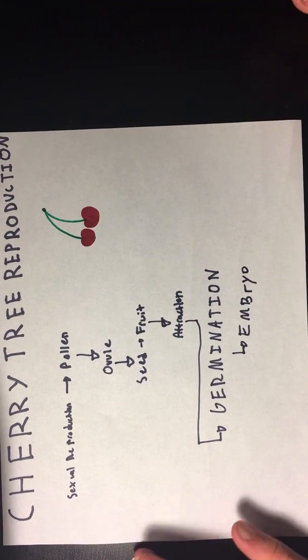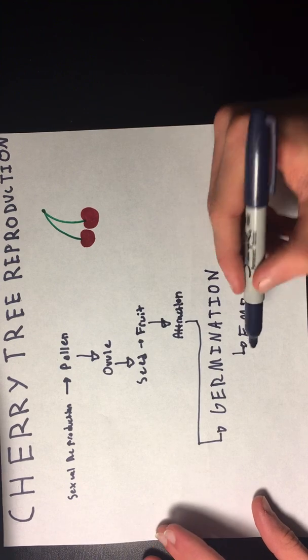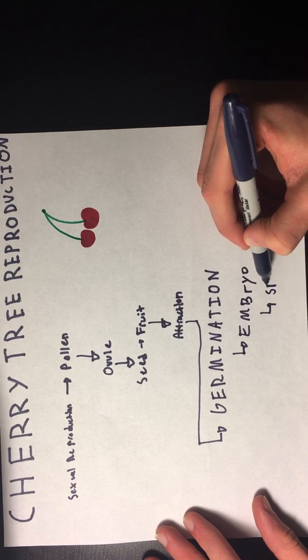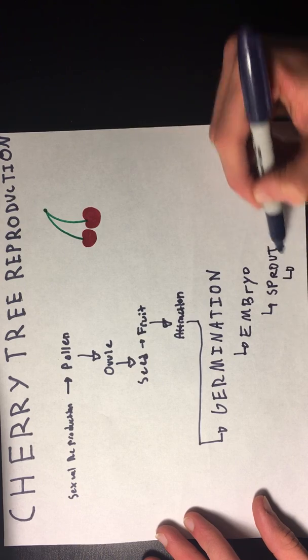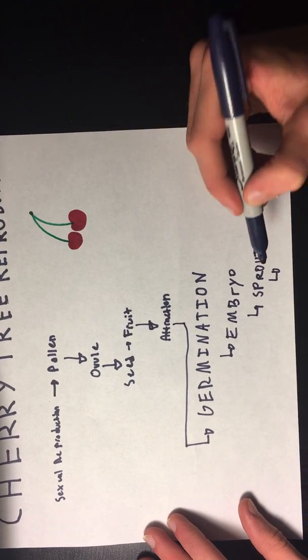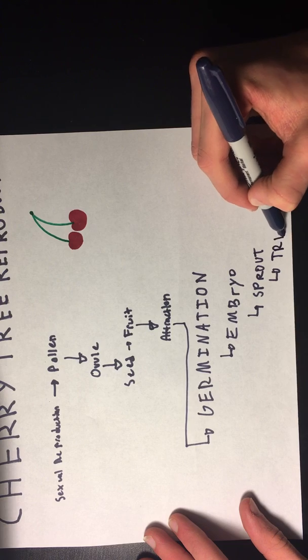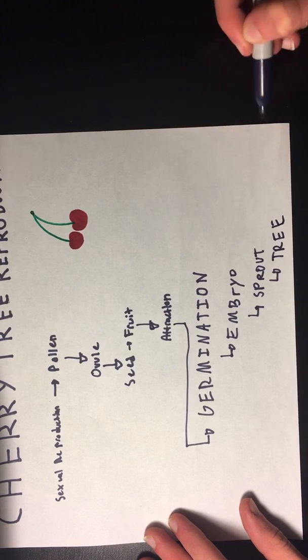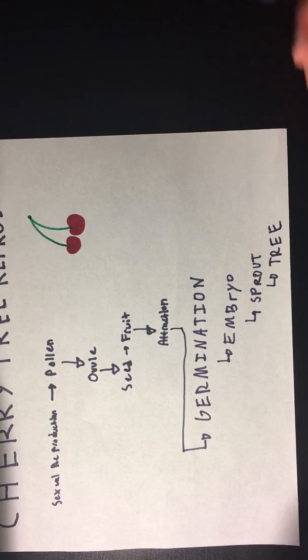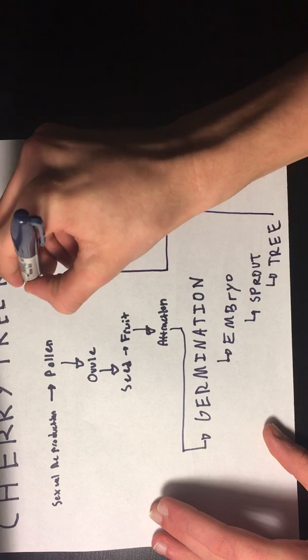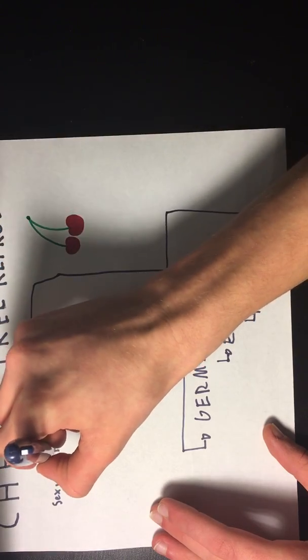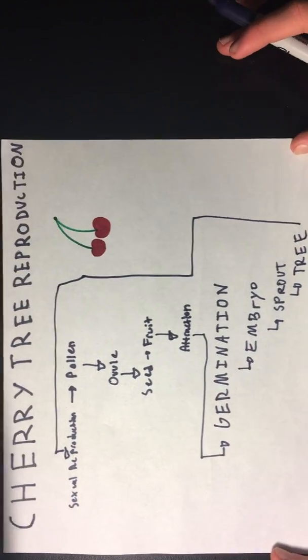Now that embryo, as it grows larger and larger, becomes a sprout, and the sprout becomes a fully fledged tree. Now once the seed is a tree, it can start the process of reproduction itself, all the way back up here. And that is the cherry tree reproductive cycle.